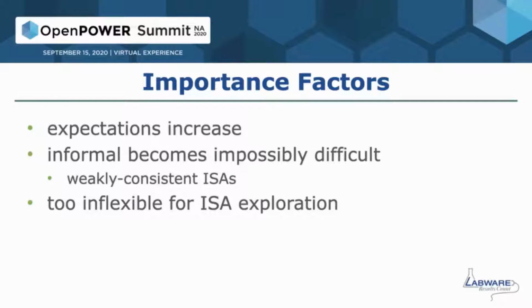With something like Power, you cannot do that because the standard only defines behavior up to subtle details about concurrency. This is called weak consistency. There's an envelope of allowable behaviors.